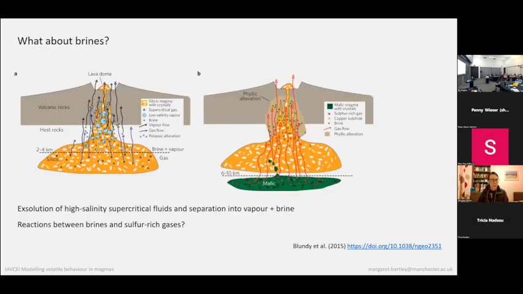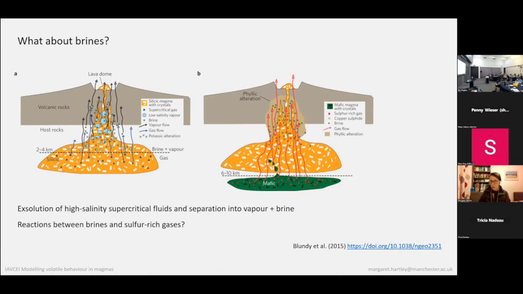And we haven't really talked about brines at all. So I'm not aware of very many experiments or models that talk about the exsolution of high salinity supercritical fluids, nor am I aware of any models or codes that think about describing the separation of these supercritical fluids into a vapor and a brine.